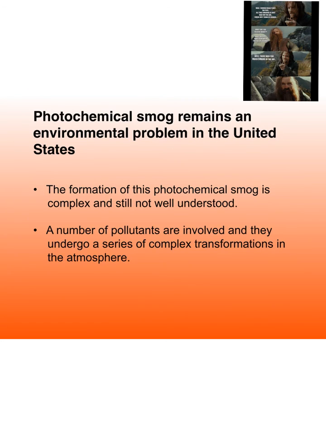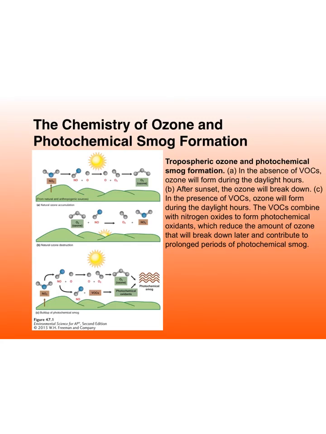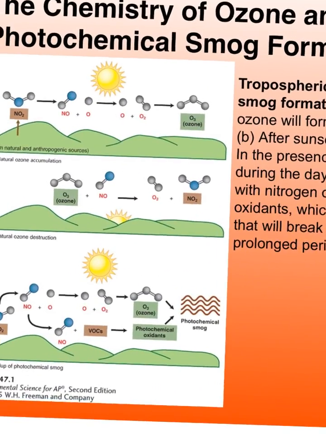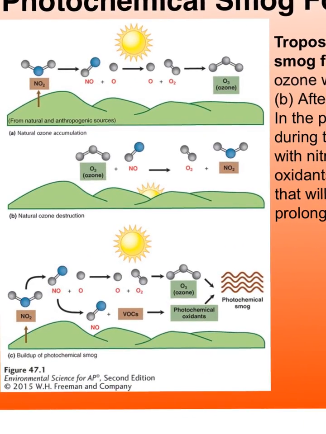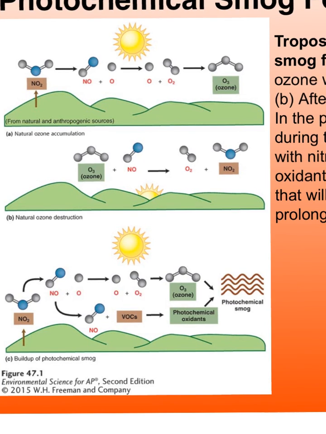All right. The formation of photochemical smog is complex and still not all the way understood, but we're going to look at some of the things that go into it. This picture here is very, very important. Normally, this is how ozone forms. You start out with nitrogen dioxide, and in the presence of sunlight, UV radiation, it'll break this up into, you notice conservation of mass, 1 nitrogen atom, 2 oxygen.